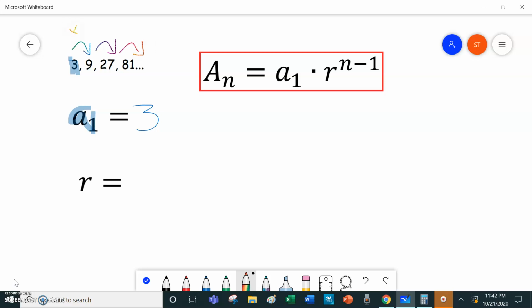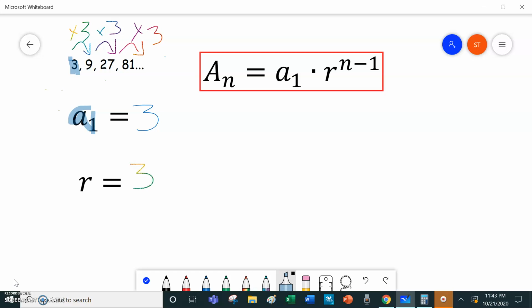And when I think about that, I know that when I multiply by 3, times 3, each time will give me the sequence. 3 times 3 is 9, 9 times 3 is 27, and 27 times 3 is 81. So I know that my common ratio is 3.